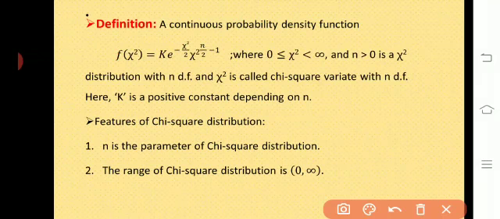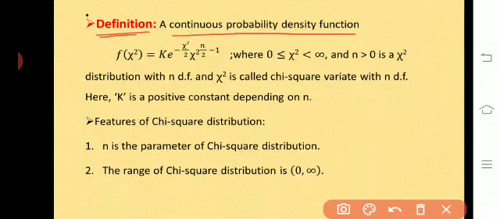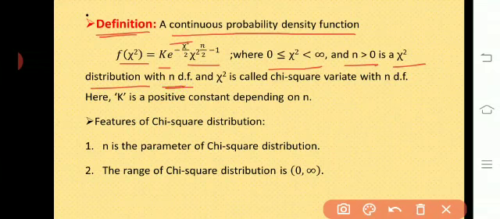Now we will see the definition of chi-square distribution. A continuous probability density function, that is f of chi-square equal to k into e raised to minus chi-square by 2 into chi-square raised to n by 2 minus 1, where 0 less than or equal to chi-square less than infinity and n is greater than 0, is a chi-square distribution with n degrees of freedom, and chi-square is called a chi-square variate with n degrees of freedom.